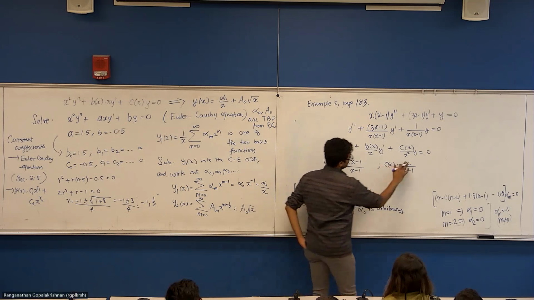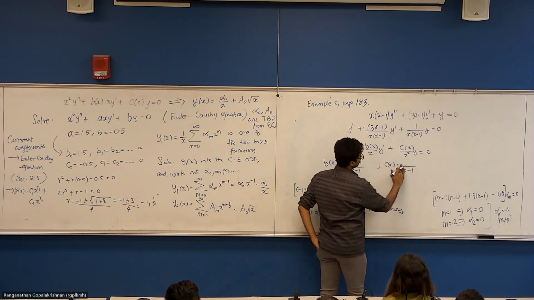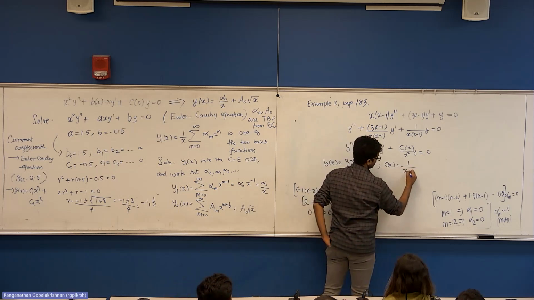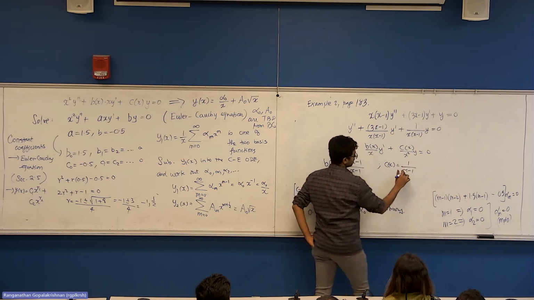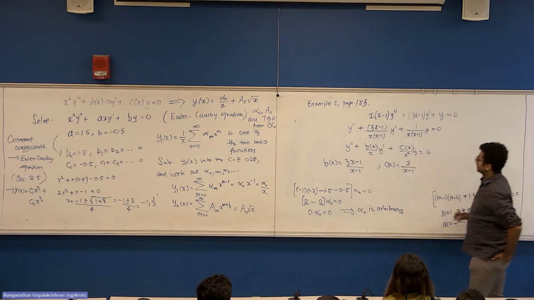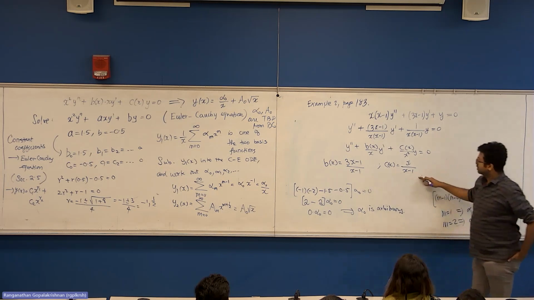No. Sorry, you make the point. It was correct? Let's divide it by x. It was correct. Oh, it was correct, okay. Yeah. So this is your b of x and c of x.